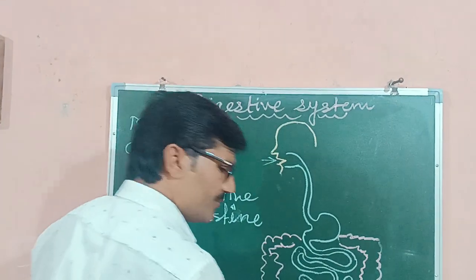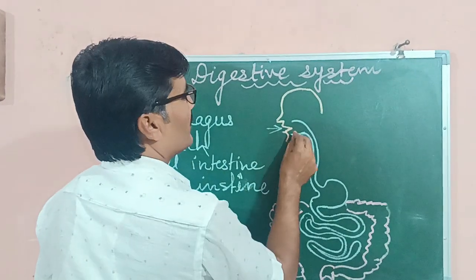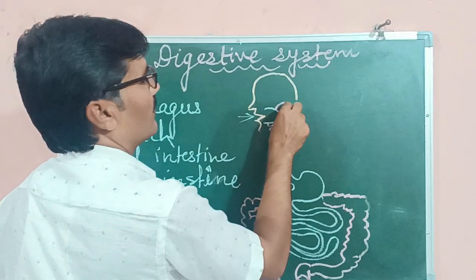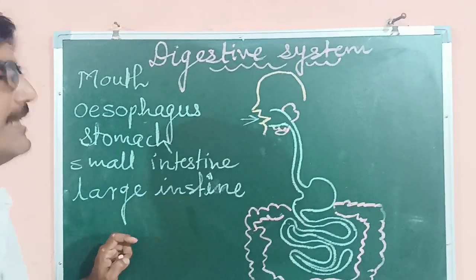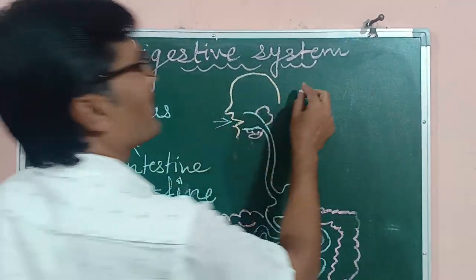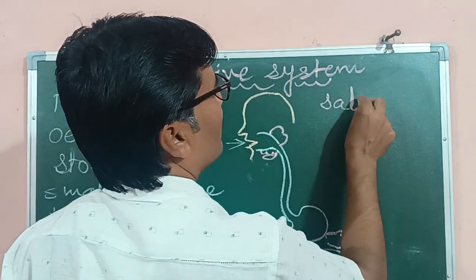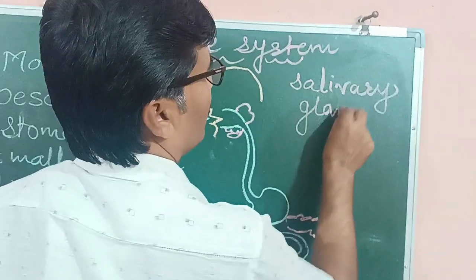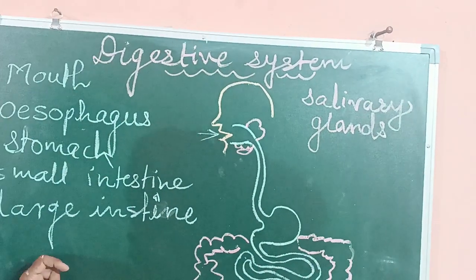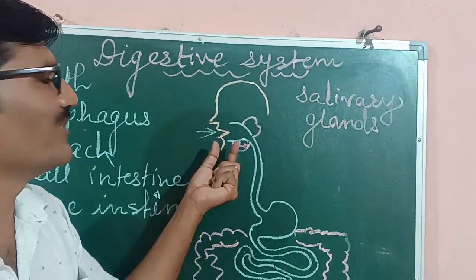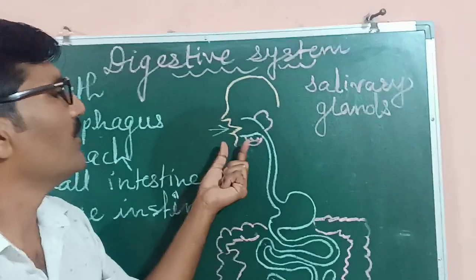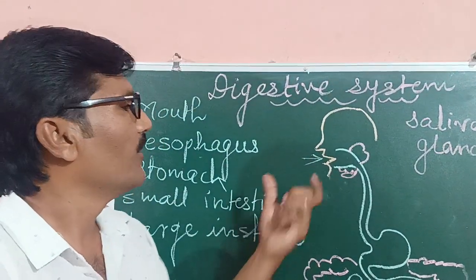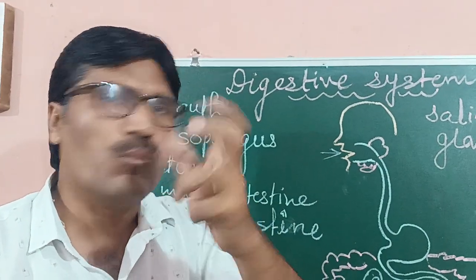So here are three glands. These are called salivary glands. What is the function of salivary glands? The function of salivary glands is to make the food a bolus.